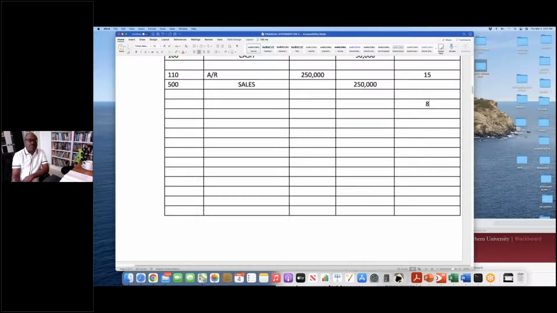And then for the first one, you're gonna debit accounts payable, and then credit cash. And it's gonna be 150,000 for both debit and credit. And then the account numbers is 301 and cash is 100.